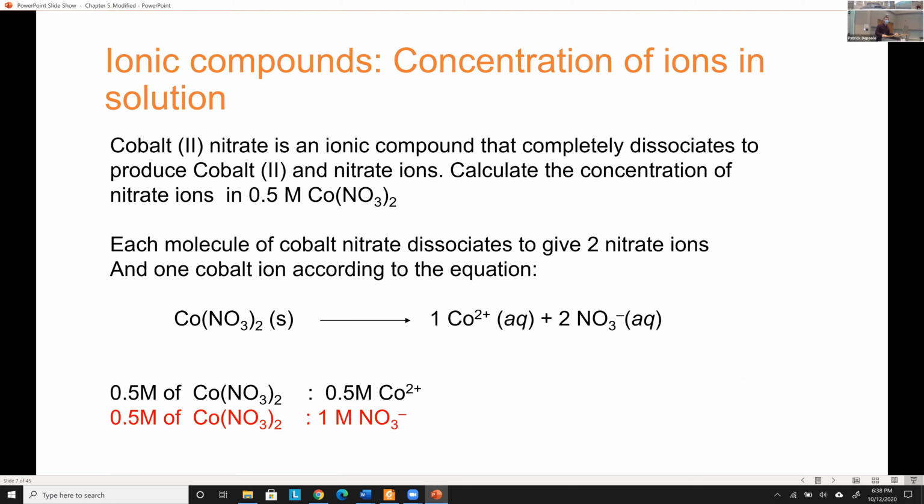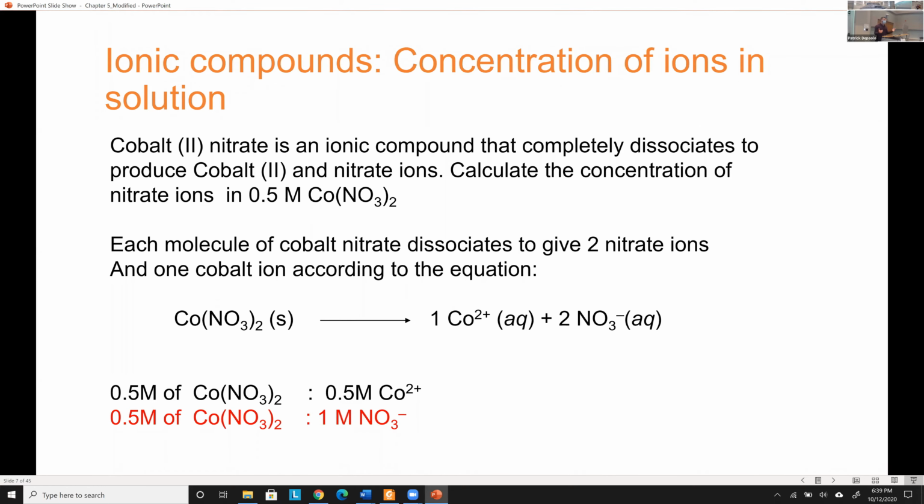This is important to know when we go over a complete ionic equation: the NO3 does not stay as NO3 when it breaks apart. It goes into 2 NO3 minus. Each of the NO3s is connected to the cobalt originally, but when they break apart, each is now separate and not connected to the cobalt anymore. So they are 3 individual ions that come off of one ionic salt.